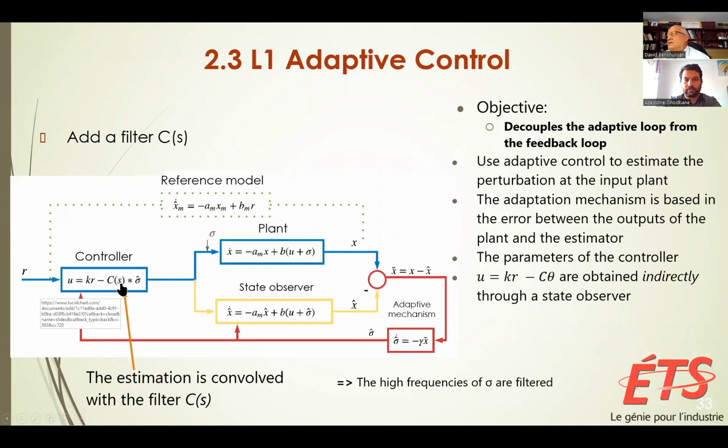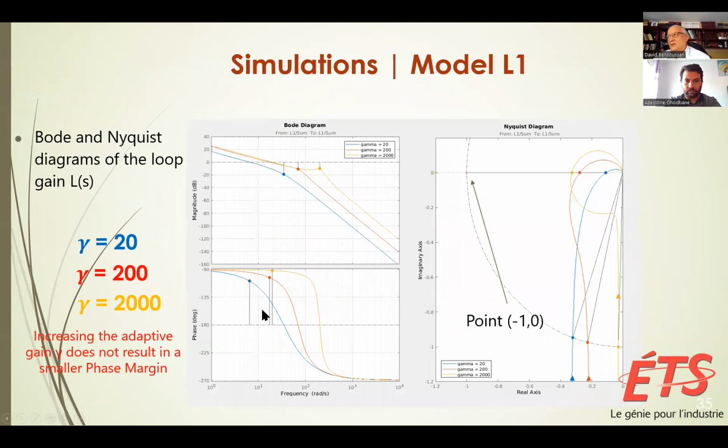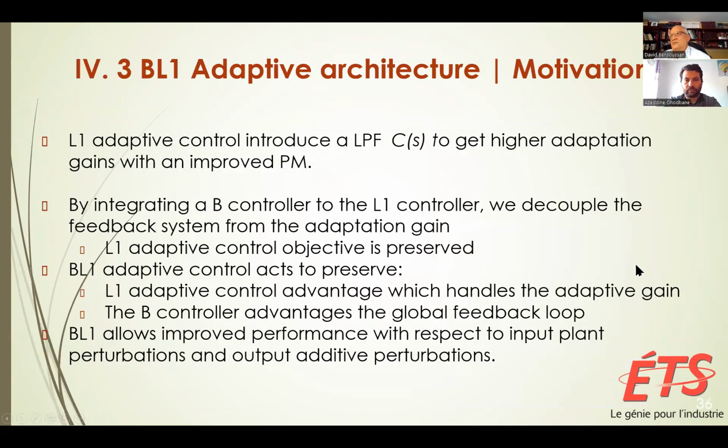This filter has the advantage of filtering the high frequency perturbations, so you don't have to adapt to very high frequencies, and that improves the performance completely, because C of S is a low pass filter, and this C of S is going to affect mostly the internal responses, but won't affect the general transfer functions. And on top of that, when we increase the gain, we increase the phase margin, which is exactly what was the problem with the MRAC systems.